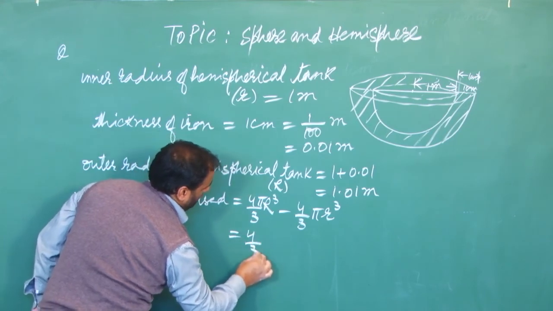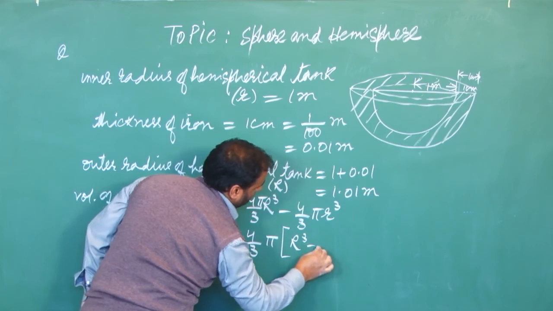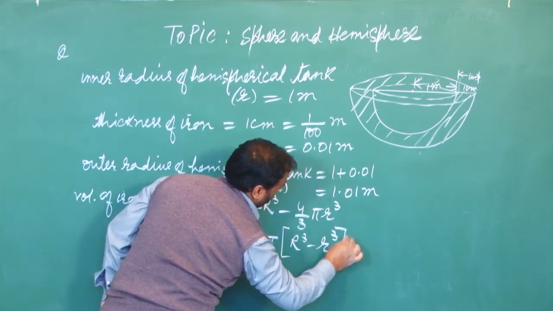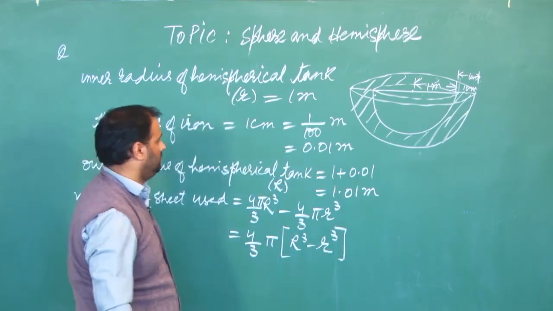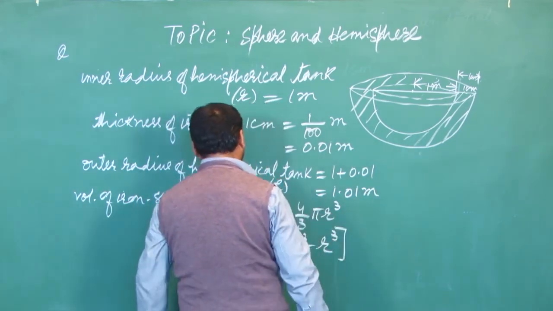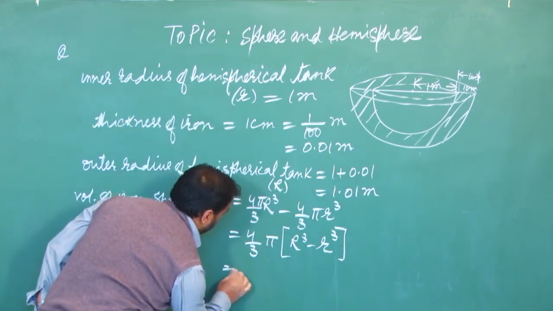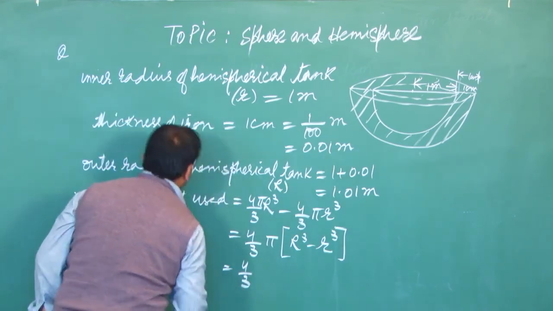That is 4 by 3 pi times capital R cube minus small r cube. Right? Now, we will calculate all this to find the actual volume of iron sheet used.